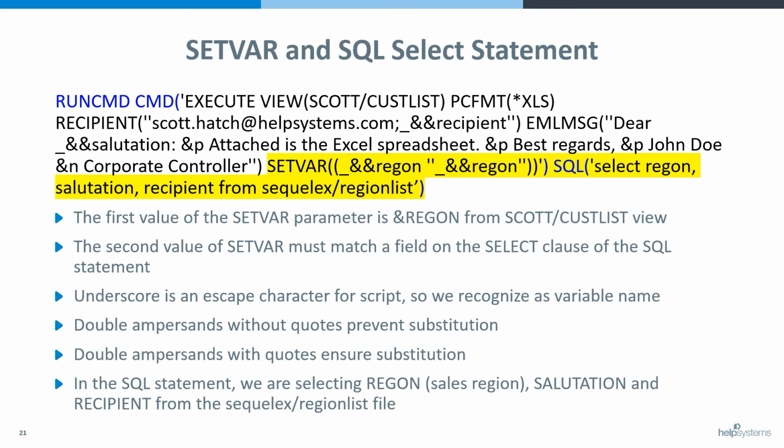Double ampersands without quotes prevent substitution. Double ampersands with quotes ensure substitution. In the SQL statement, we are selecting region, the sales region, salutation, and recipient from the region list file.